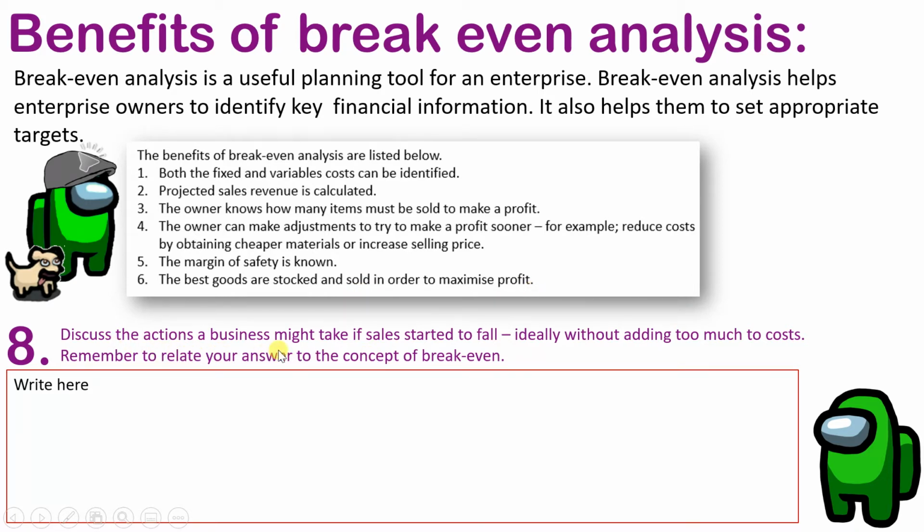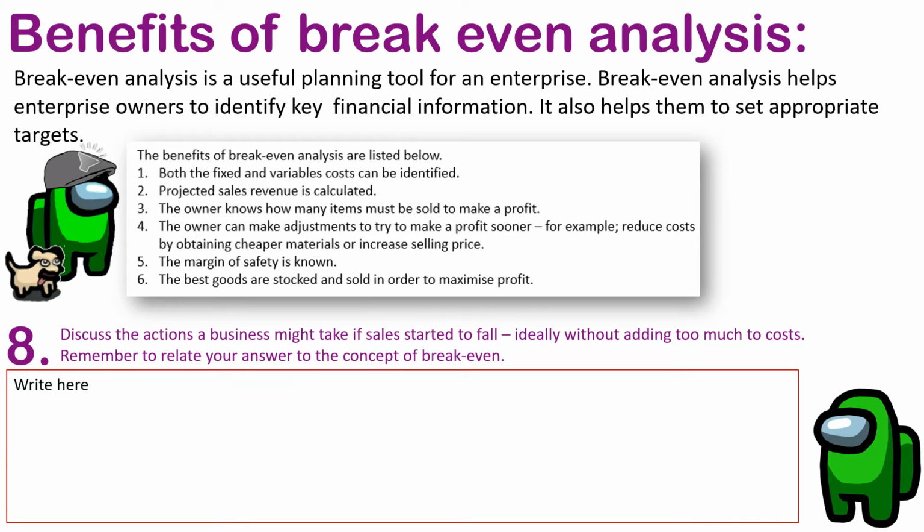Question 8. Discuss the actions a business might take if sales started to fall, ideally without adding too much to costs. Remember to relate your answer to the concept of break-even. Now, we looked at some of the limitations in the effect on break-even in slide 8. Just to give you a bit of a nudge, if we've got an increase in sales, the margin of safety increases, but if it's a decrease in sales, then the margin of safety decreases.